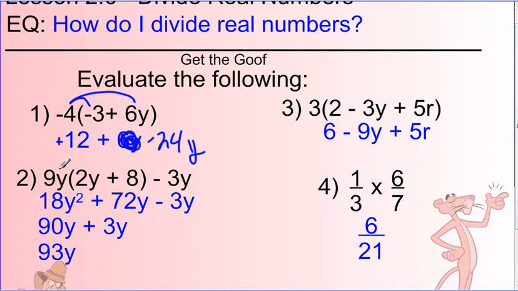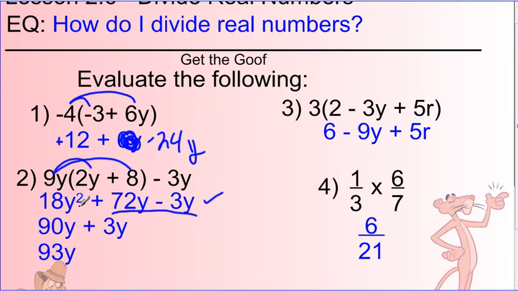Number 2, let's see, this times that is an 18y squared, so that first part's good. 9y times 8 is 72y. That's good, so this first step is correct. Then combining like terms, we could combine these two together because they both have y.